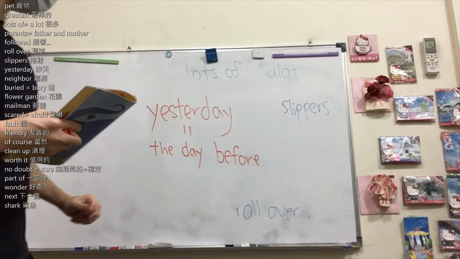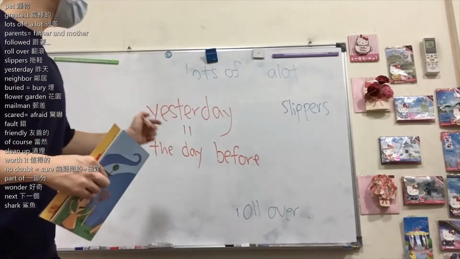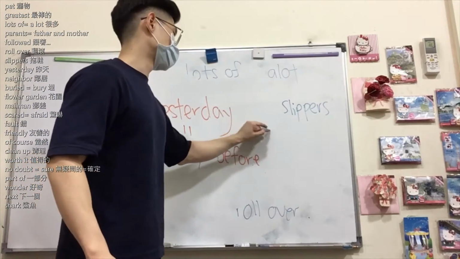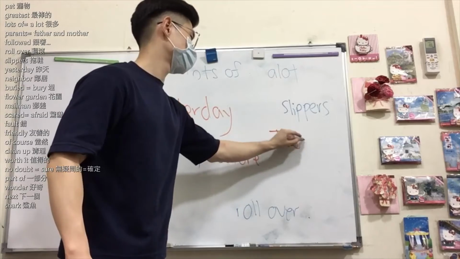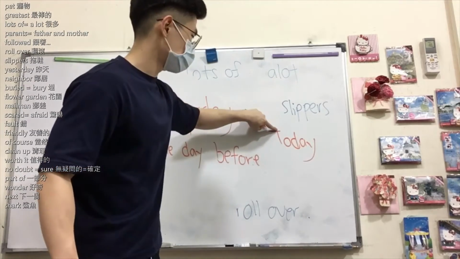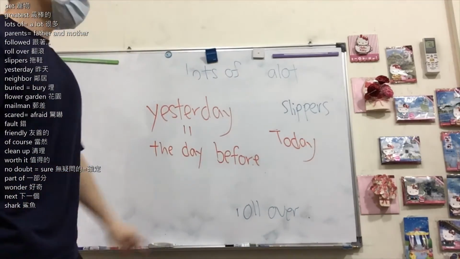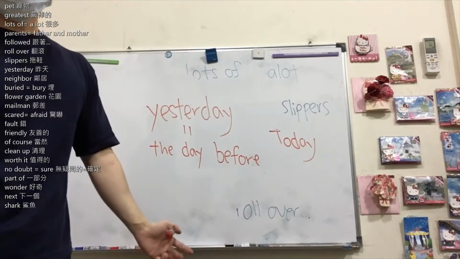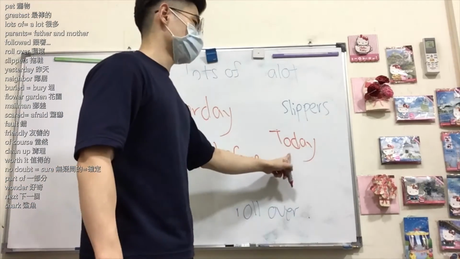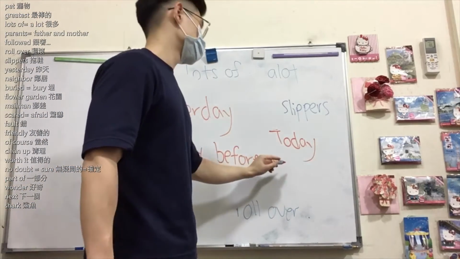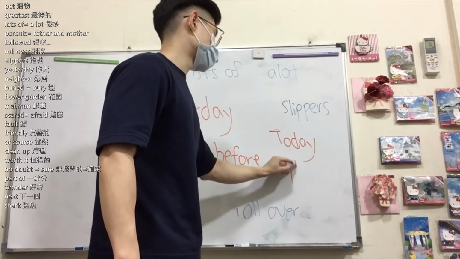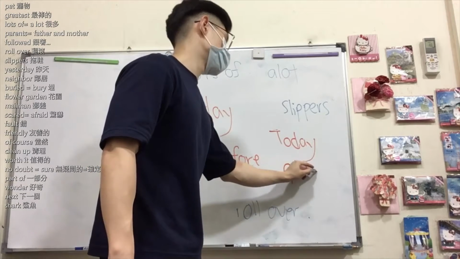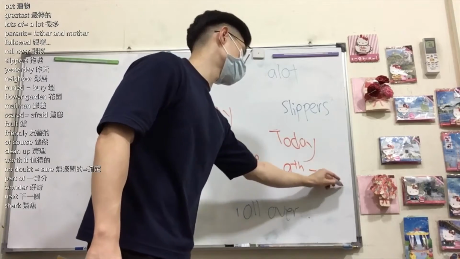Alright? And of course, we know what is today, right? So let me give you an example, okay? So let's say today is the 9th of June. Alright, today is the 9th of June.